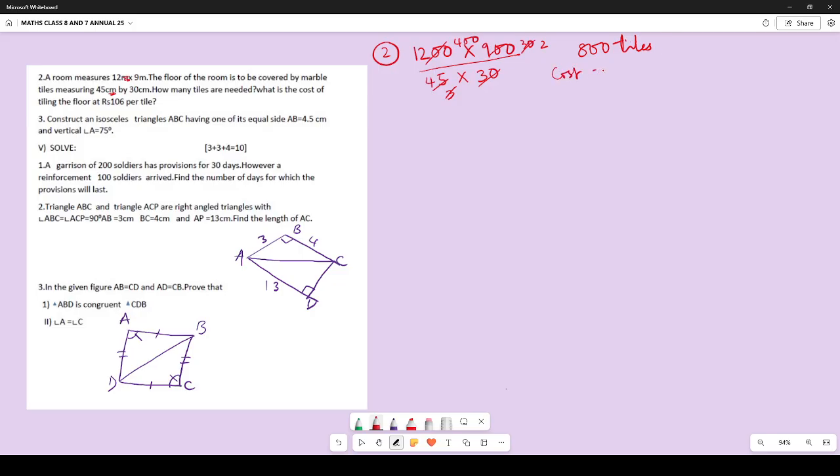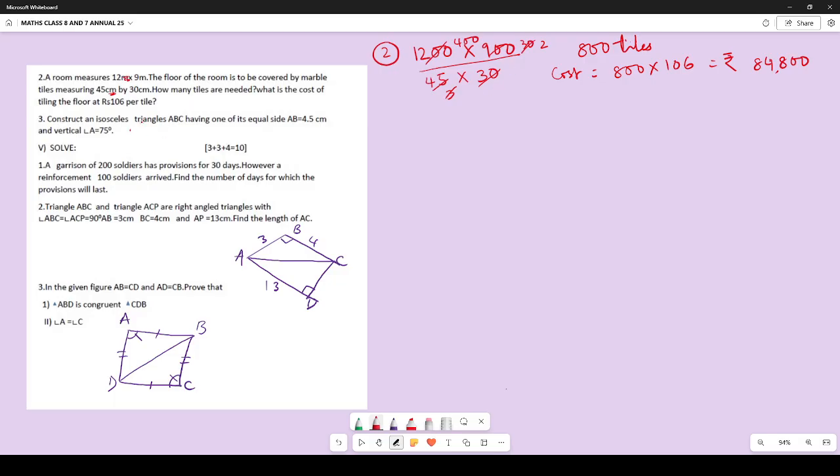So cost will be equal to 800 into 106. Remember, cost of each tile is 106 rupees. So when you multiply 800 into 106, I did the calculation earlier, and you get rupees 84800. That will be the cost of tiling.